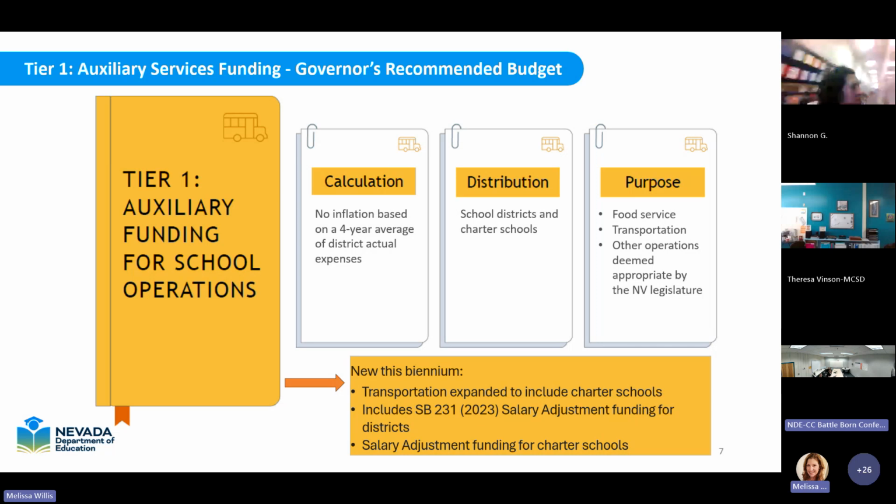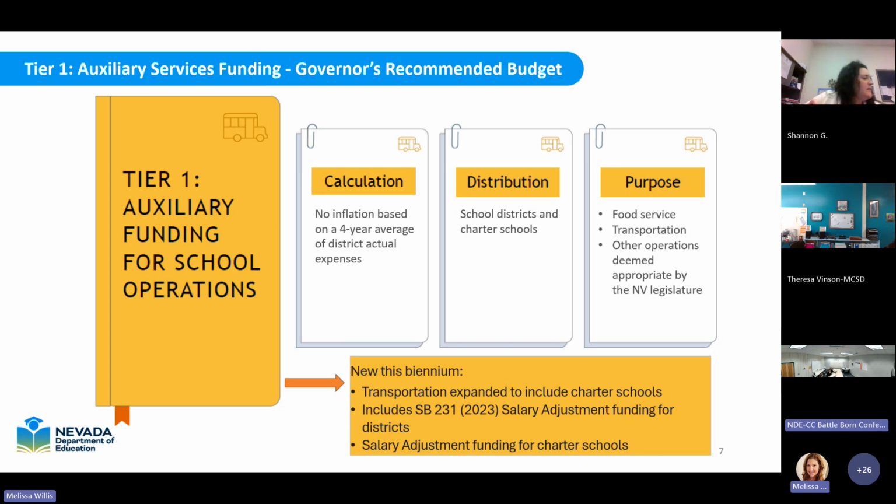transportation, which has now been, if passed, will be expanded to include charter schools, and where the salary adjustments for Senate Bill 231, which was passed in 2023 for teacher raises, will provide funding. And this is out of our Tier 1, so it doesn't affect the statewide base. It's kind of carved off the top.